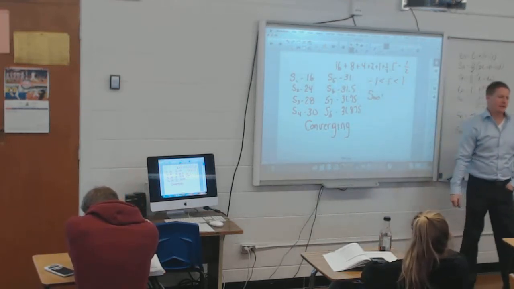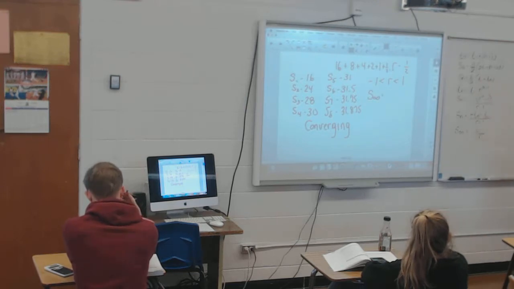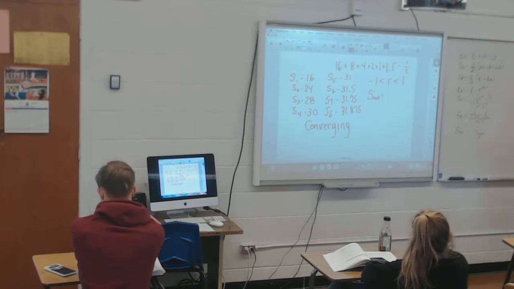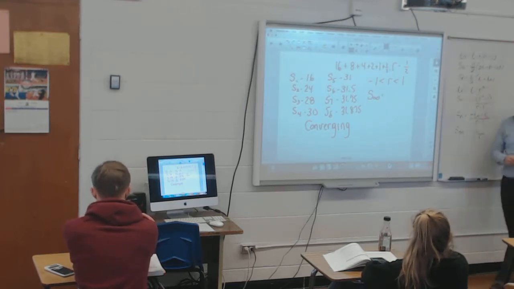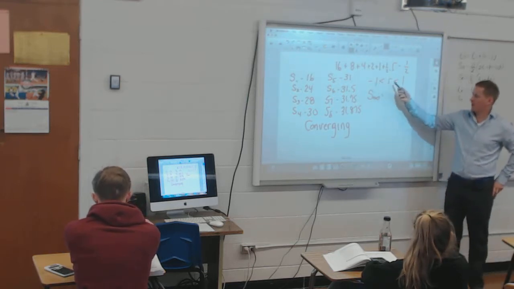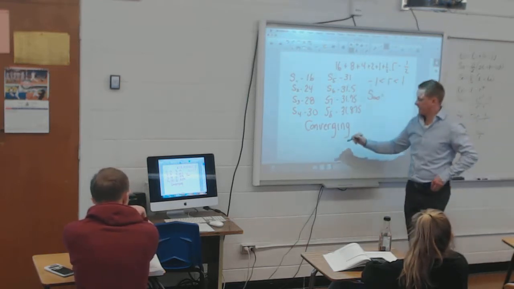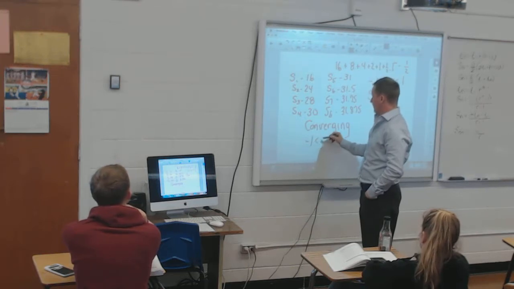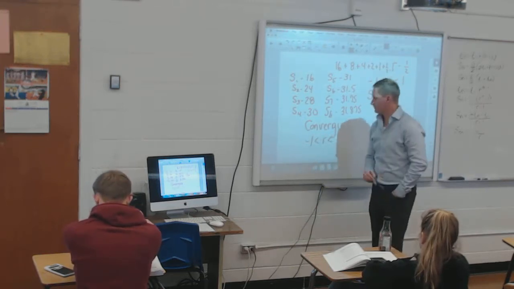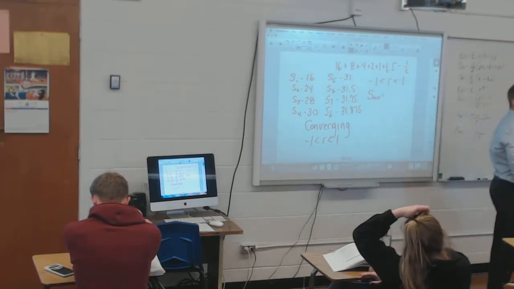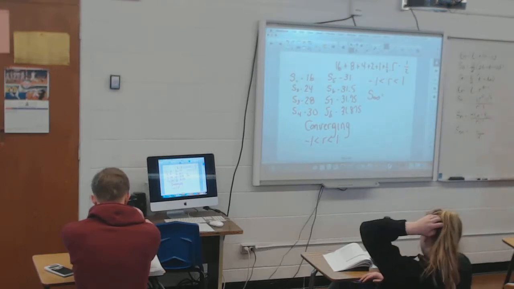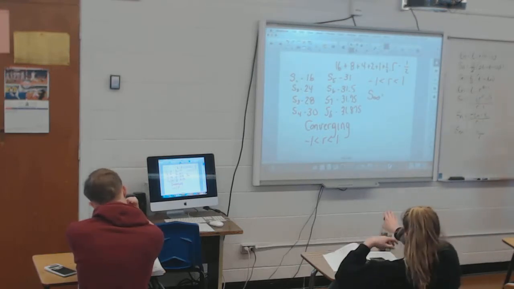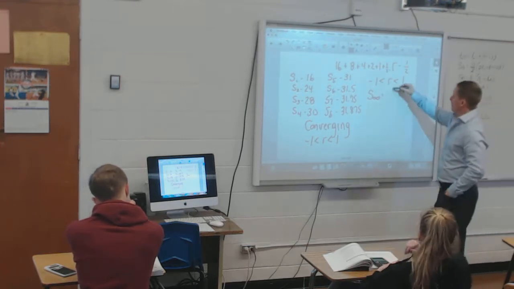A converging sequence. That means that my sums are going to converge on a number. So if my ratio is between -1 and 1, I'm going to have a converging sequence.